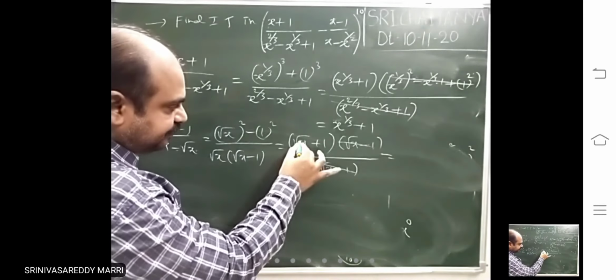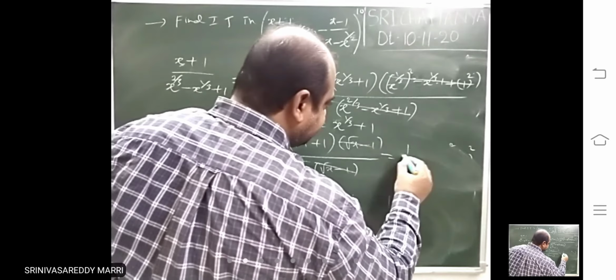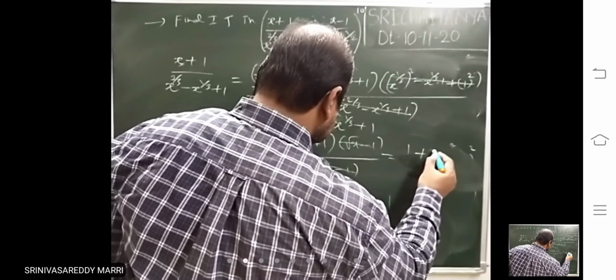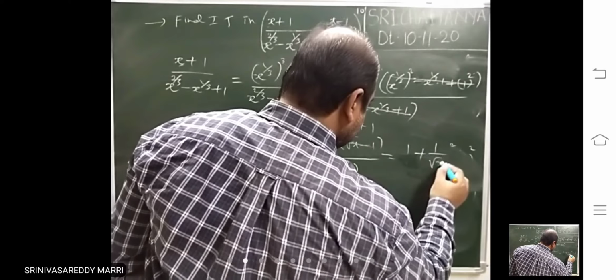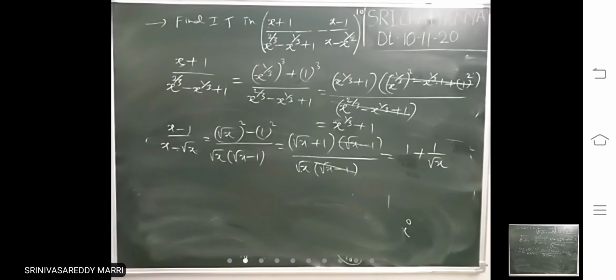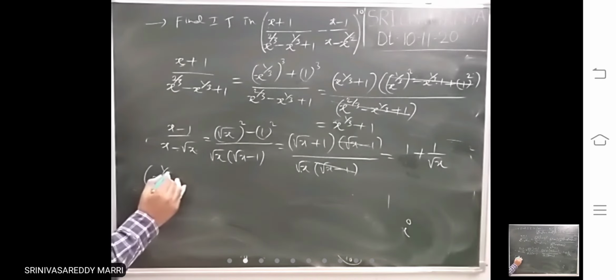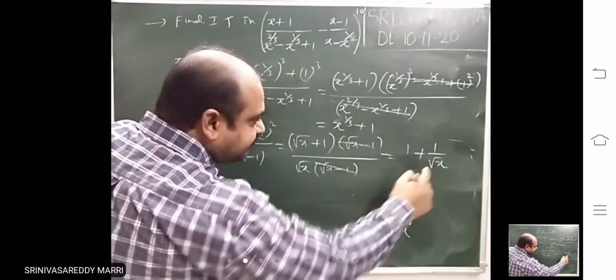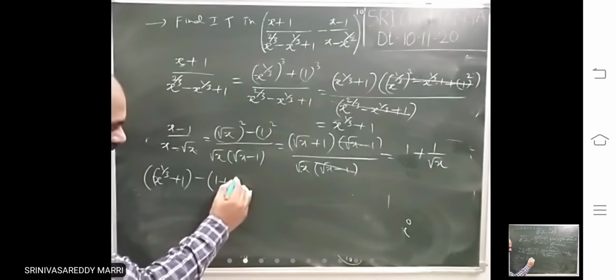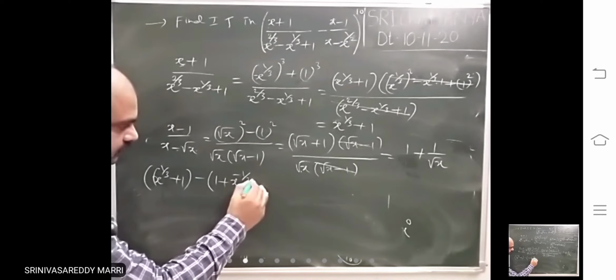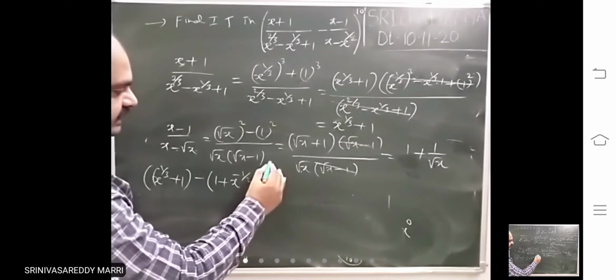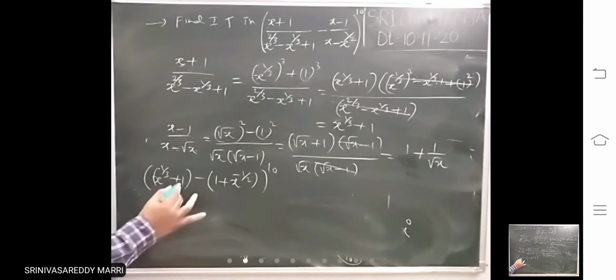Now if you split this, root x by root x is 1, plus 1 by root x. So now substitute here: x power 1 by 3 plus 1 minus of 1 plus x power minus 1 by 2, to the power 10. Now this is simplified.